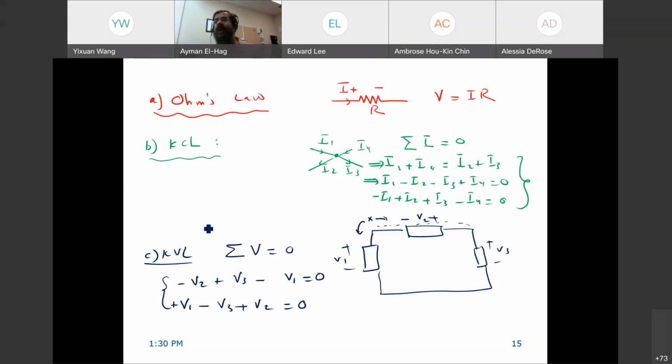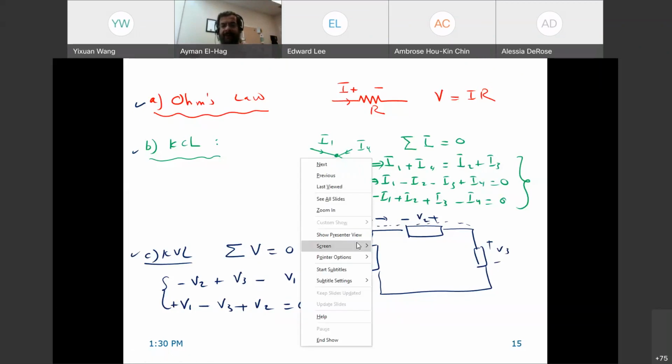And let me tell you one thing here, very important: except for very, very minor cases like a circuit with one loop only, you have to use the three laws. You will not be able to solve a circuit without using Ohm's law and KCL and KVL. As I said, the only exception is when you have one loop only. This is the only exception.